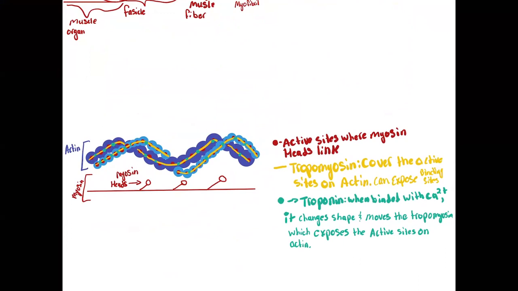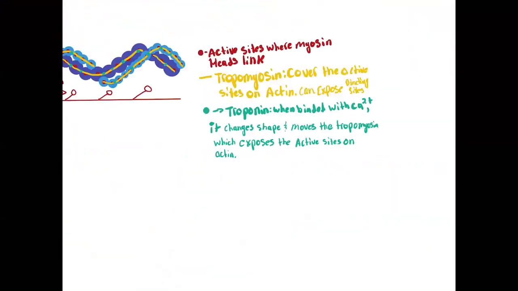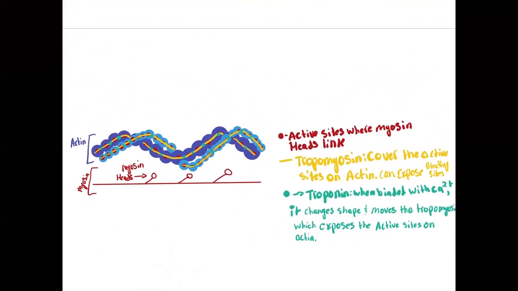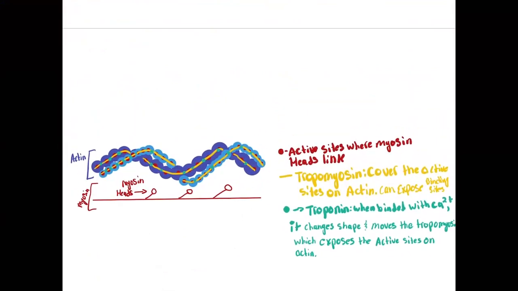So I'm just gonna copy this over. Okay, so this is cool. This is where muscle contraction occurs. This is called the cross bridge cycling.